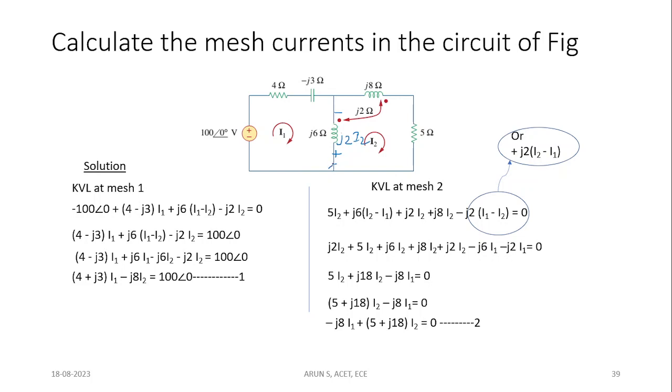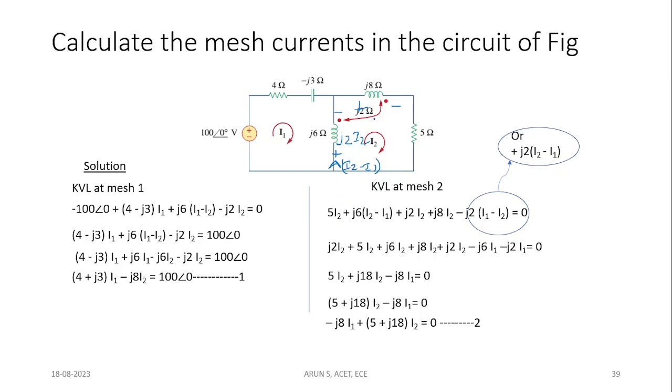Now there is a current I2 minus I1 flowing in this, as we discussed earlier. Due to the current I2 minus I1 flowing through J6, there is a mutually induced voltage across this J8. See here, I2 minus I1 is entering undotted, so the generated voltage positive will be here and negative will be here.